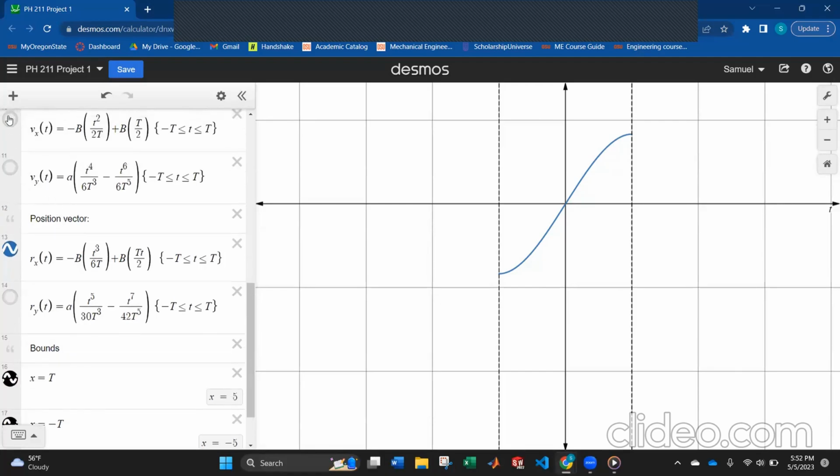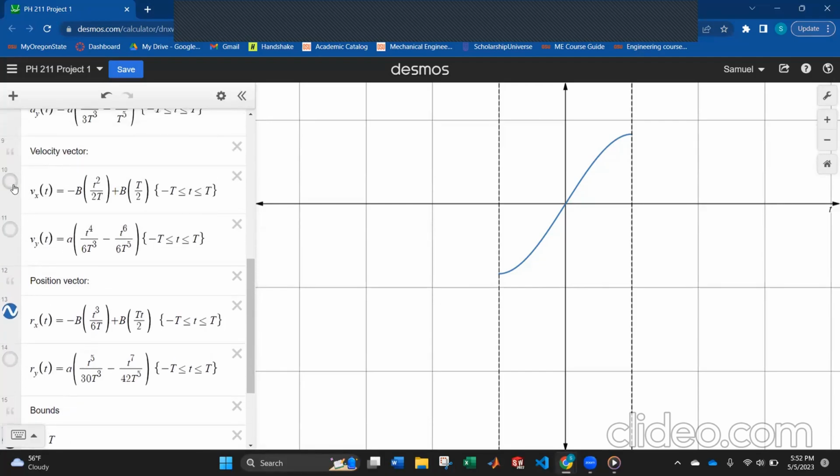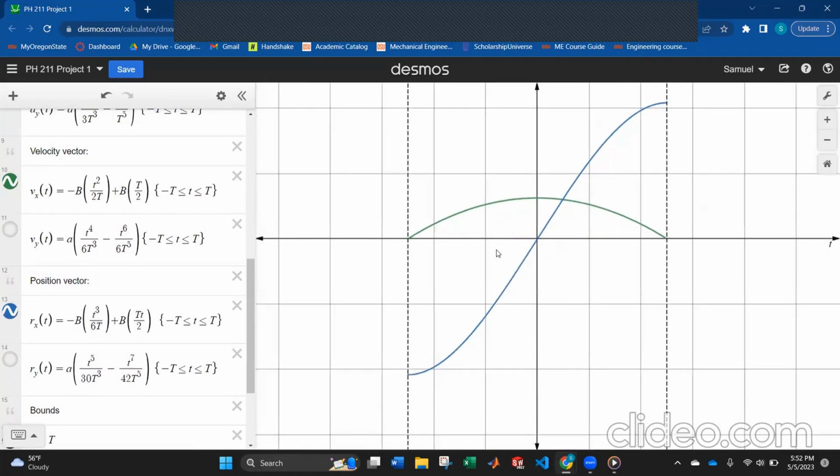And this can be seen over here with our X component of the velocity. The velocity is increasing until it reaches time equals 0, and then it begins to decrease. Something you can notice is that at time equals negative T, the velocity is 0, and at time equals positive T, the velocity is 0.